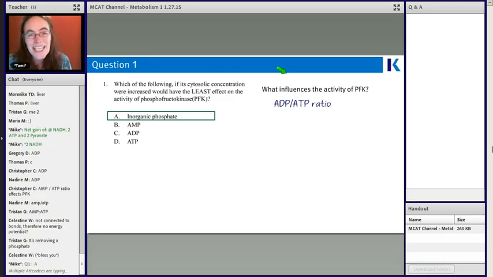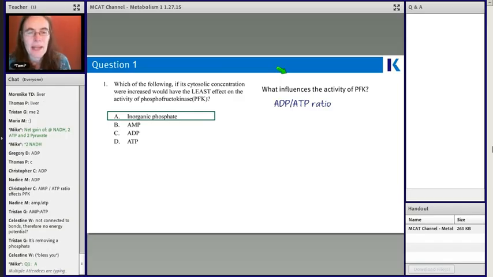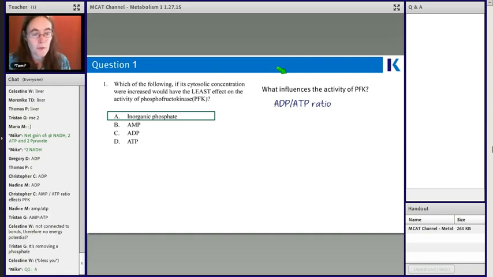I'm going ATP to ADP. So if I have extra phosphates around, is that going to change anything? No. I'm still going to be going ATP to ADP, and that phosphate will be transferred to fructose 1,6-bisphosphate. So having more hanging out in the cell isn't going to do a thing.